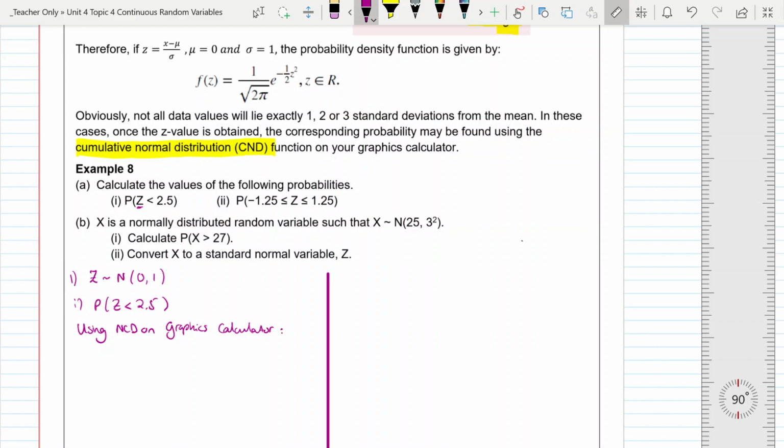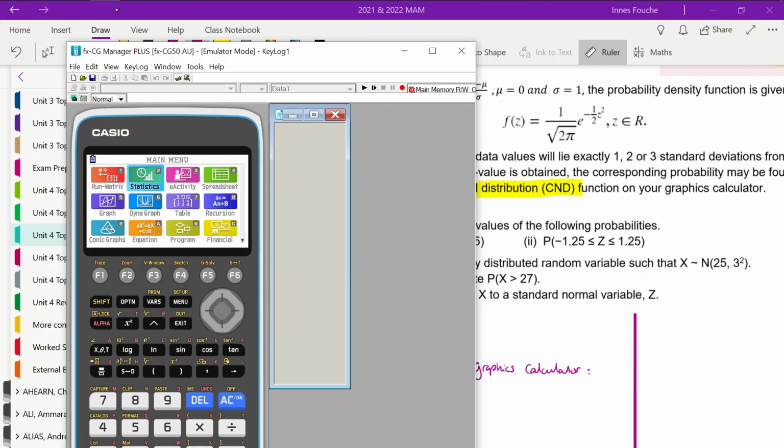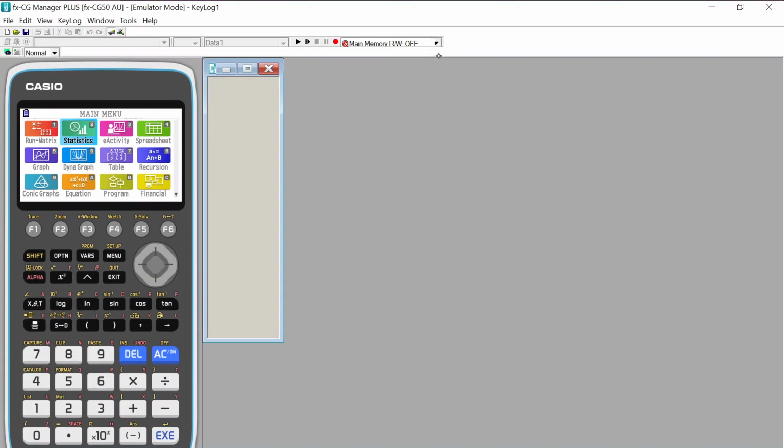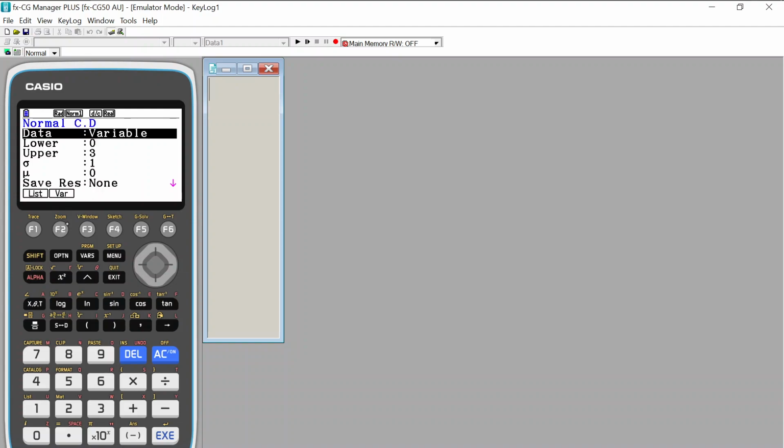And let's have a look what that NCD looks like. Okay, so we're going to go to the statistics screen. We're going to go to normal. We're going to go NCD. Right. Now, data variable, our lower value, because we're going from negative infinity all the way up to 2.5 or anything less than 2.5, we want to choose a really big negative number.